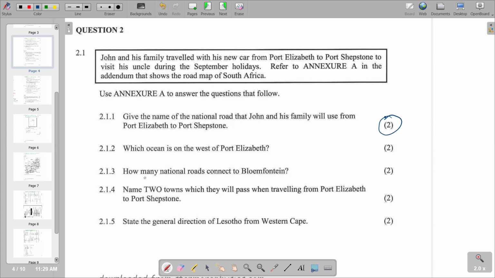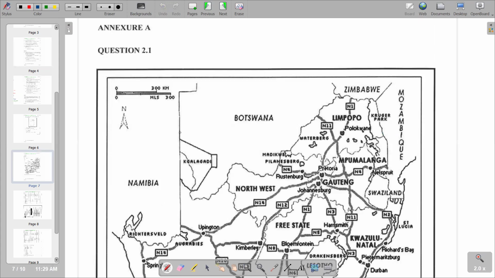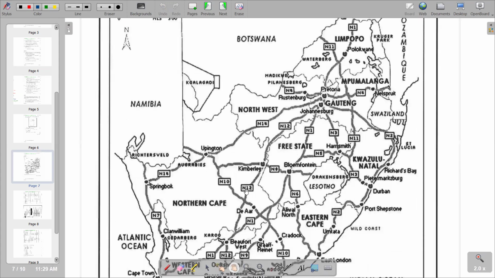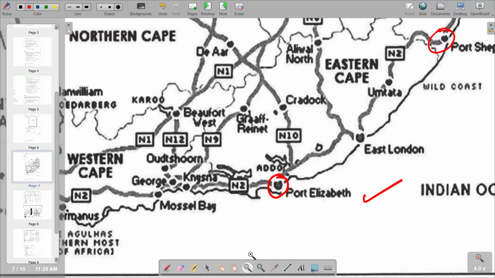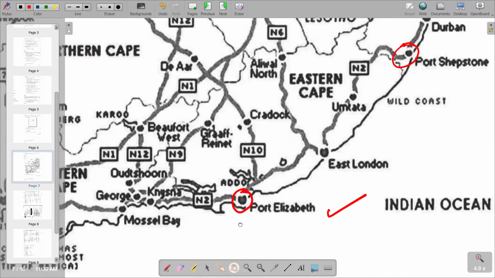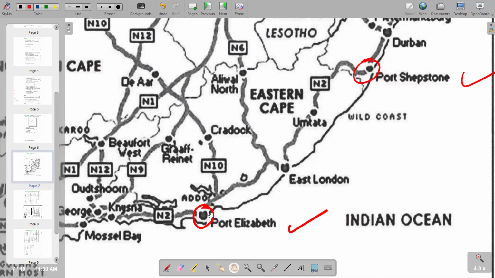So we go to the Annexure A that we have. Annexure A is given as a map. As the question is asking for the road being used from Port Elizabeth, we can see that Port Elizabeth is here, and Shepstone is here. So these are the 2 points that we have. We can zoom out. With that, we can see the route from Port Elizabeth to Shepstone.